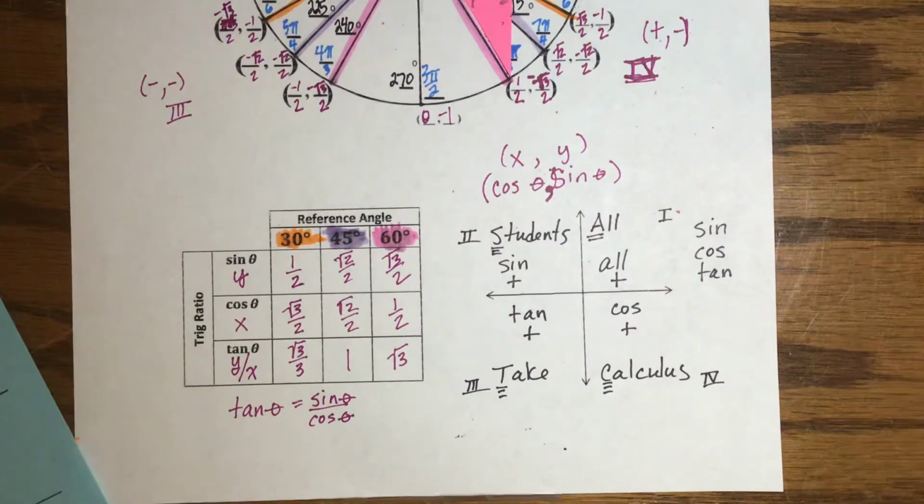That ends up being negative. In the third quadrant, I went to the left and down. So x is negative, y is negative, which makes tangent positive, because you're dividing a negative by a negative. In the fourth quadrant, you went to the right and down. So cosine is positive because it's x, sine is negative because it's y, and tangent is negative because you're going to go negative over positive, okay?